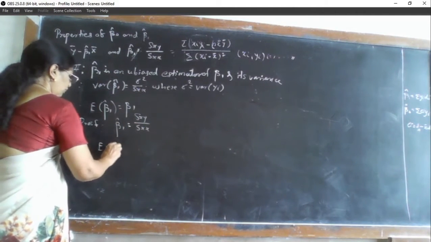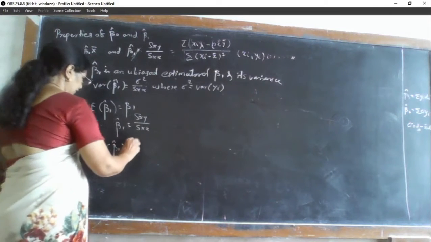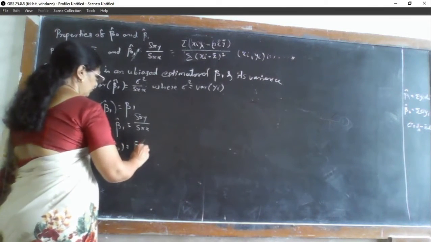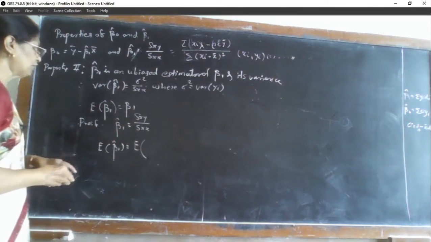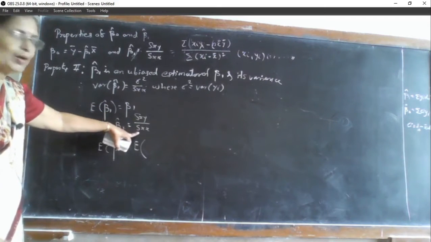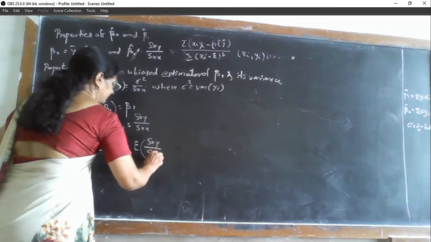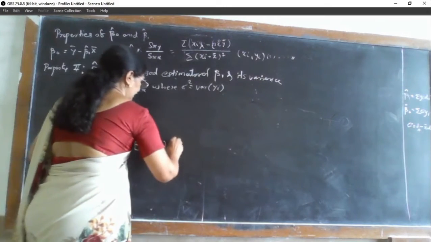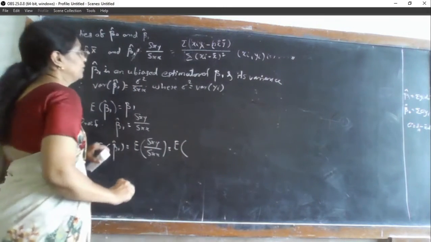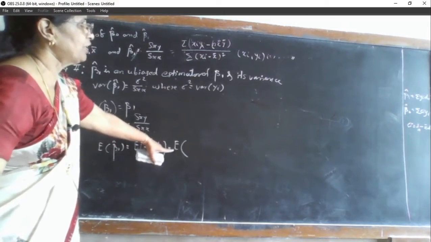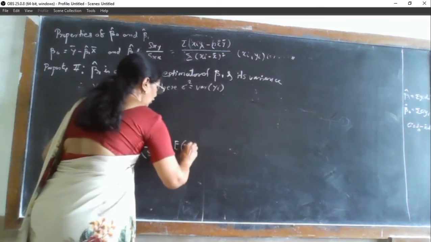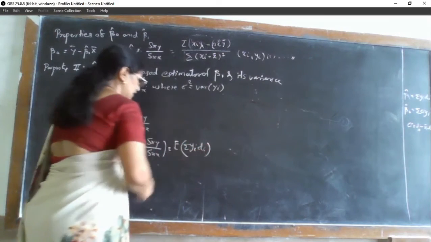Now, expected value of beta 1 cap is expected value of Sxy upon Sxx, which we write as expected value of, what is your beta 1 cap also? Beta 1 cap is summation of yi di.